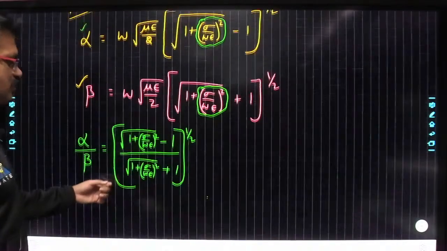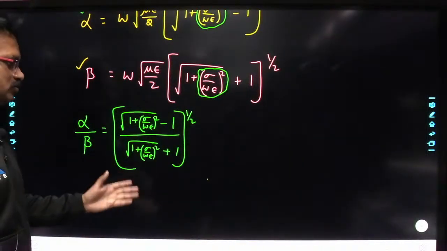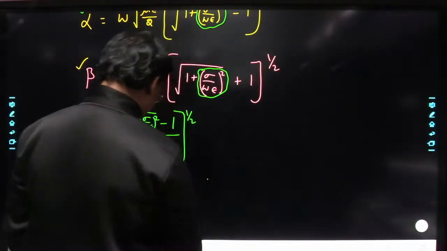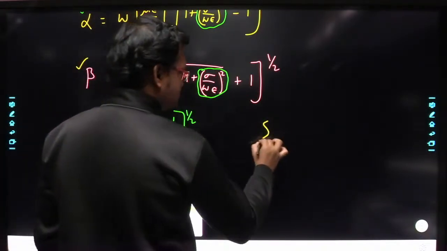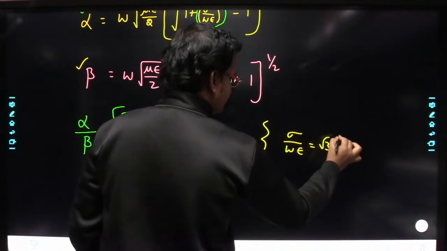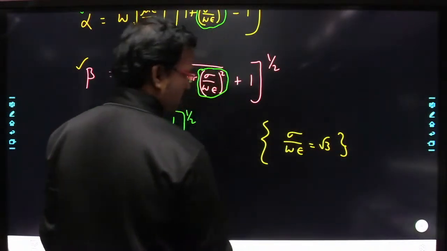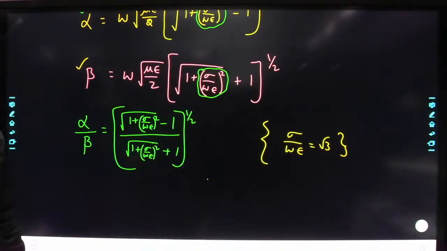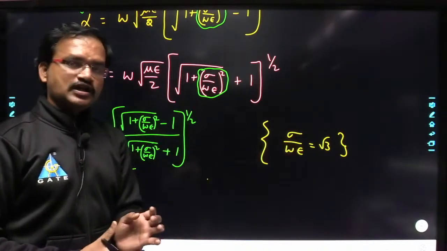And we know the sigma by omega epsilon value. Omega epsilon by sigma we got as 1 by root 3, which means sigma by omega epsilon is root 3.